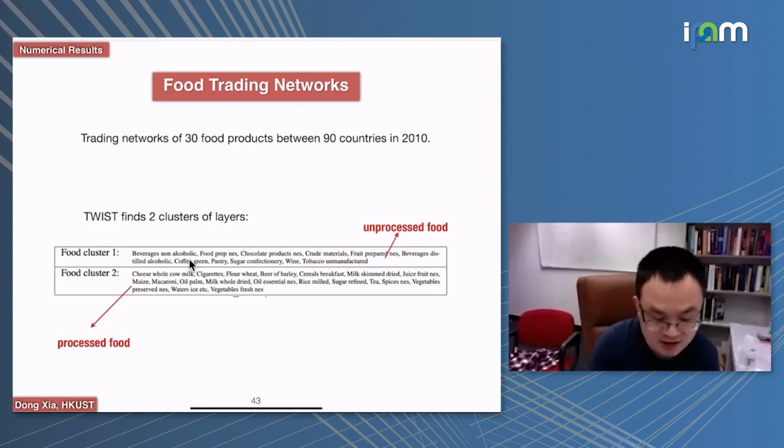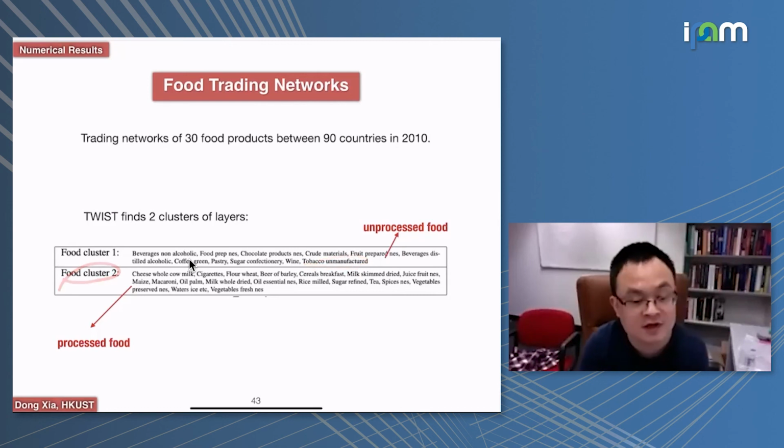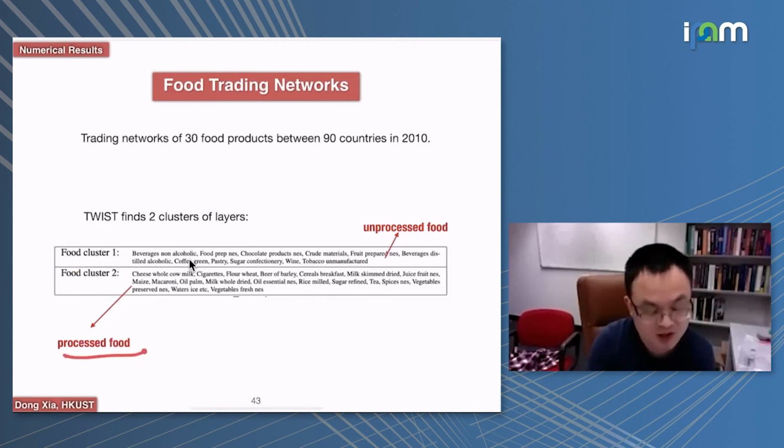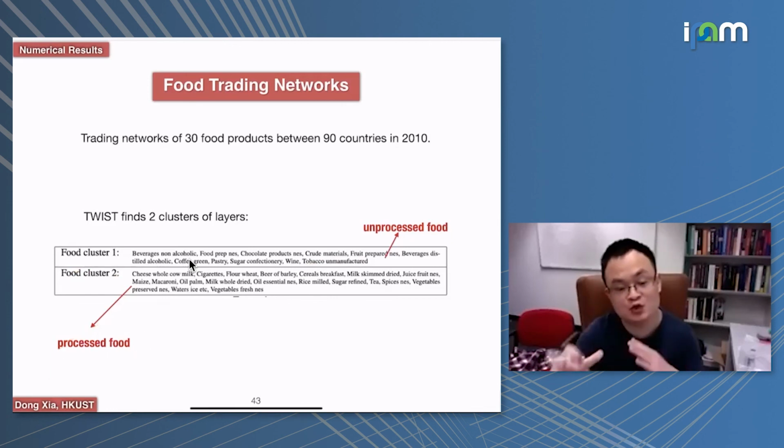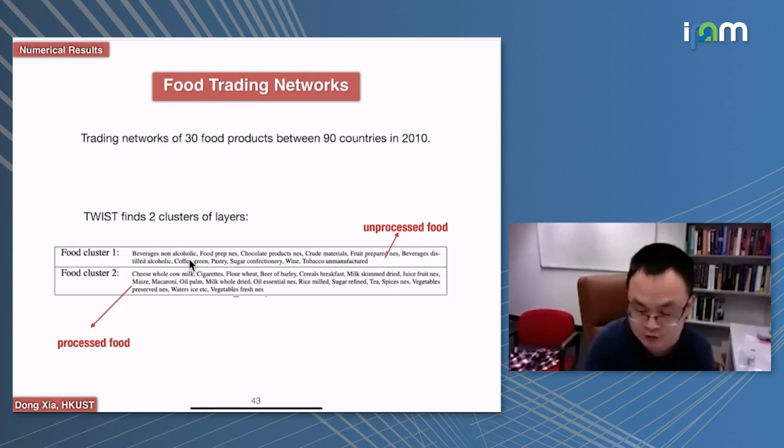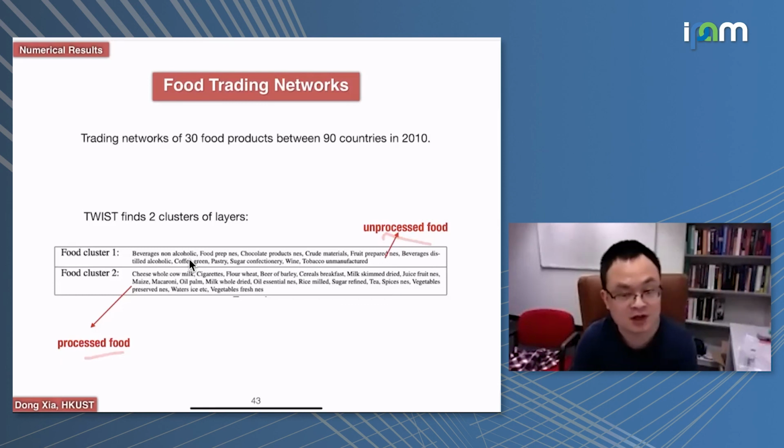In the second cluster, most of the food products are processed food. In other words, the trading patterns for these two types of food are different, and this can be detected by this tensor-based method.